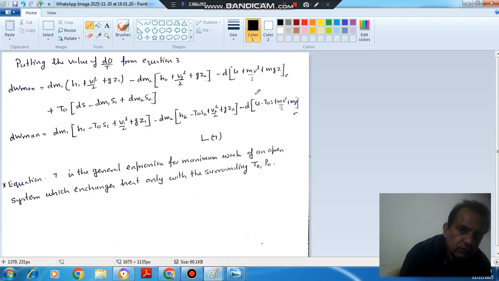T naught is a constant quantity, so in T naught dS, the d is differential and has been taken outside, so it can be written as T naught S. So this is equation number 7, and this is the general expression for the work done in an open system exchanging heat with the surroundings.